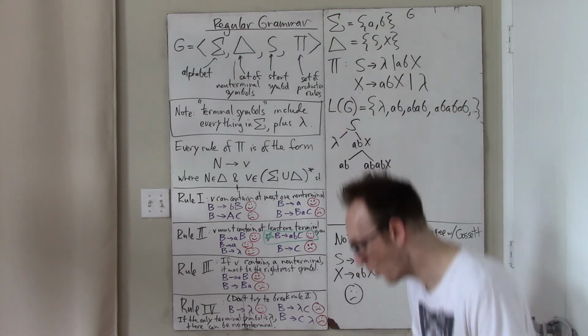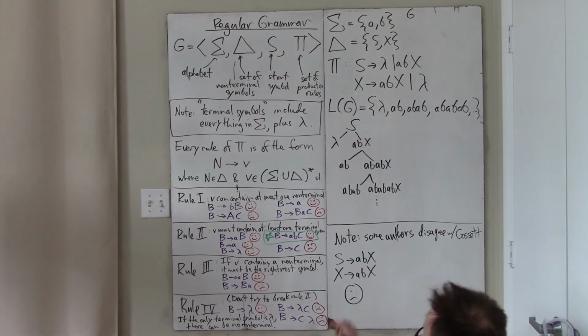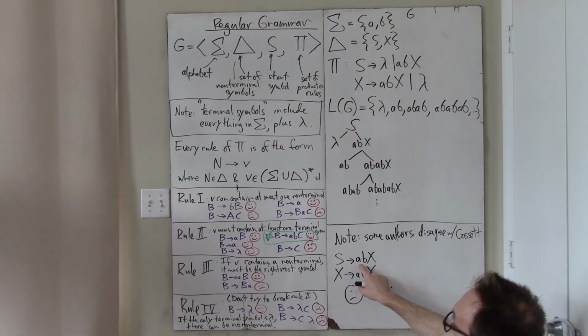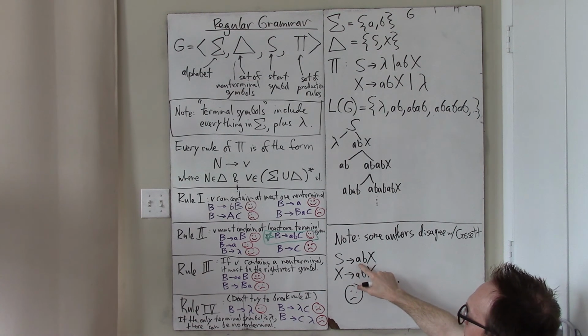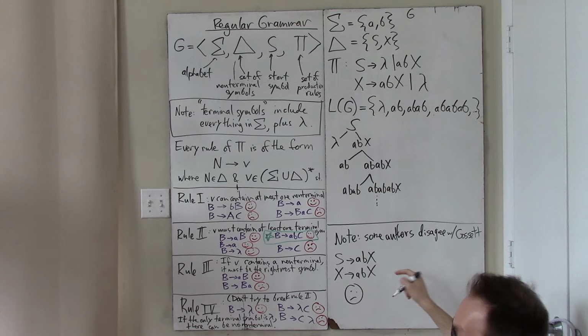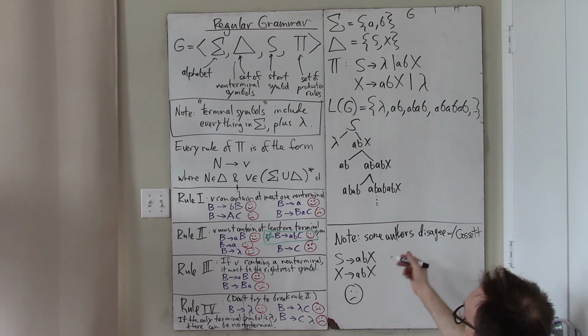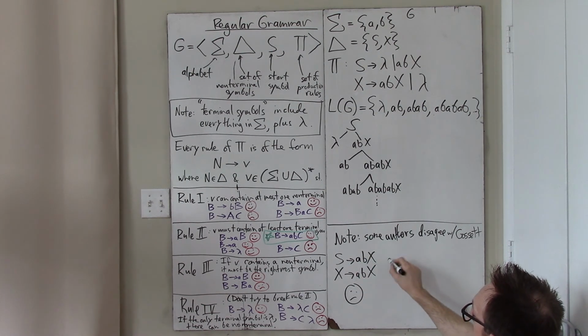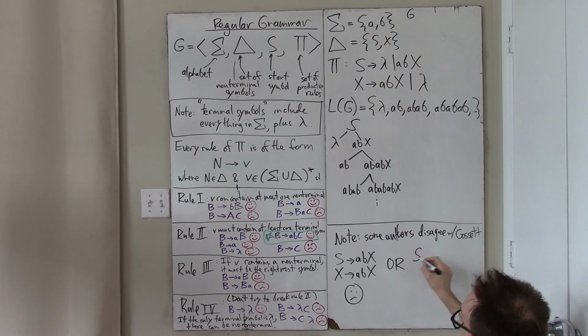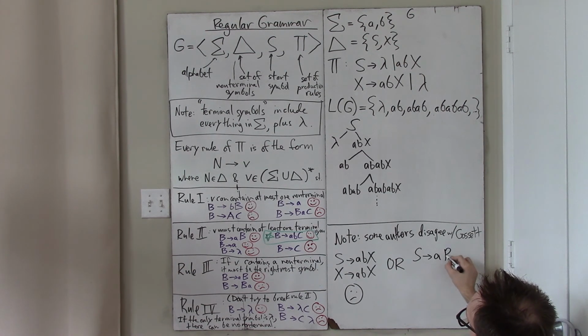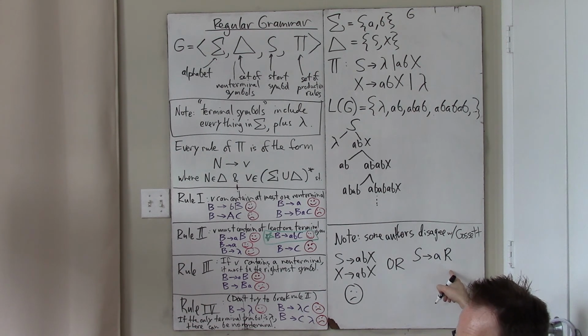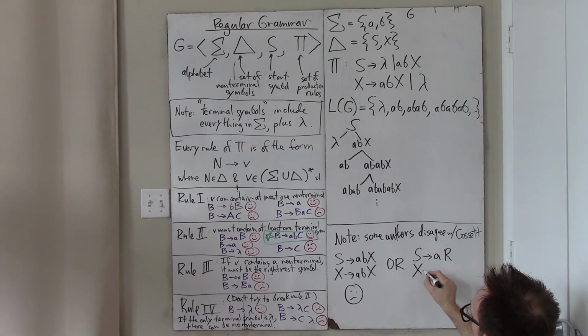But we can always do that by introducing a new non-terminal symbol which captures the idea that we're halfway towards writing AB. So instead of S goes to ABX, we have a rule that says S goes to AR, say. And we can also have a rule that X goes to AR. But what is R?